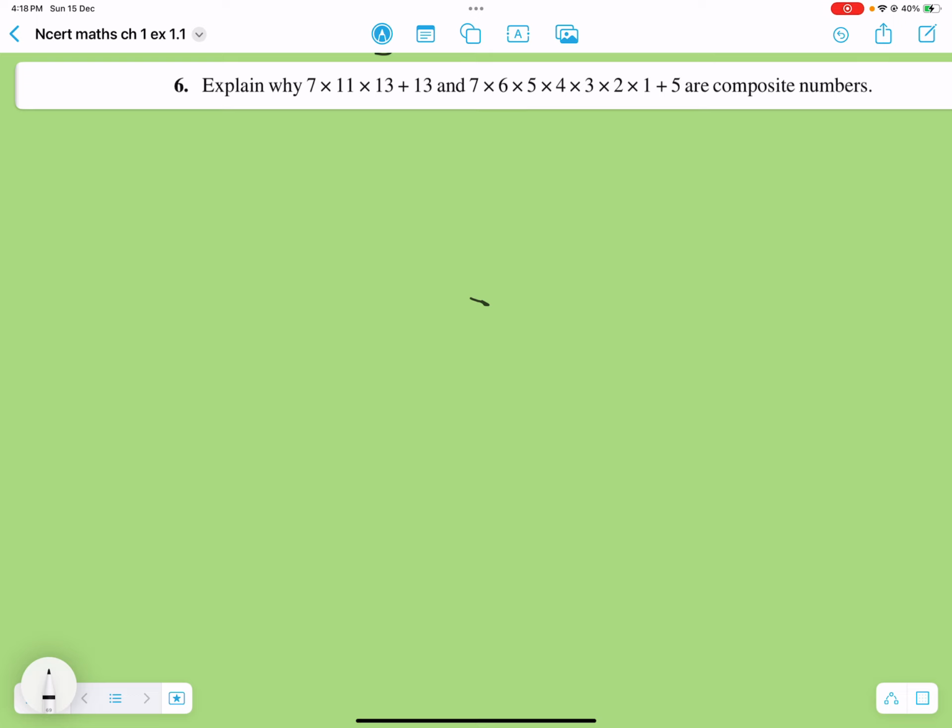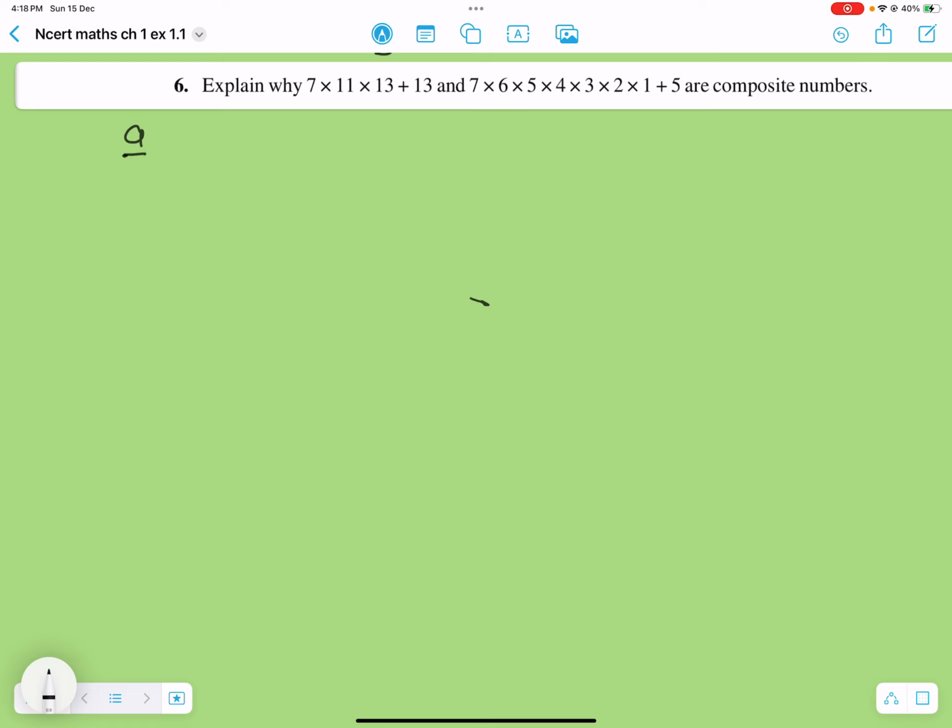And for a number to be a composite number, it should have a factor that is different from 1 and the number itself. So we just need to prove the number that comes after this calculation will have a factor that is not the number itself and is not 1.